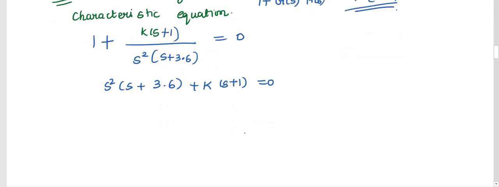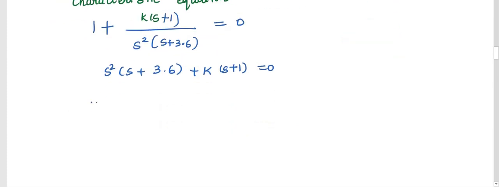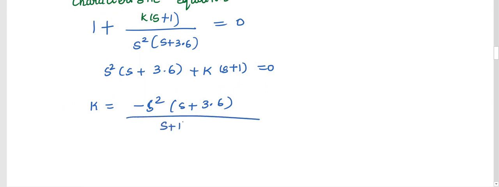From this equation, what is k? K is equal to minus s square into (s plus 3.6) the whole divided by (s plus 1). So k is equal to minus (s cube plus 3.6 s square) divided by (s plus 1).